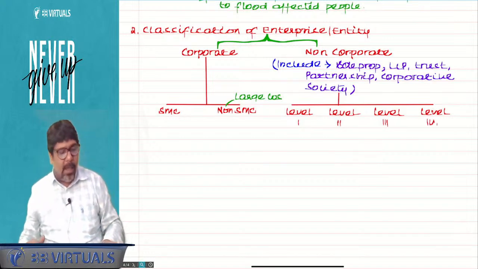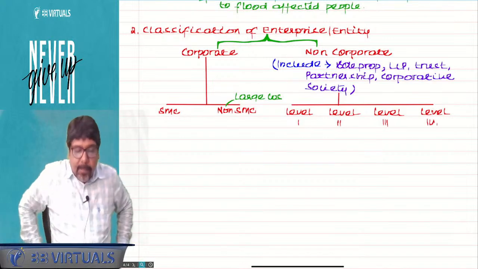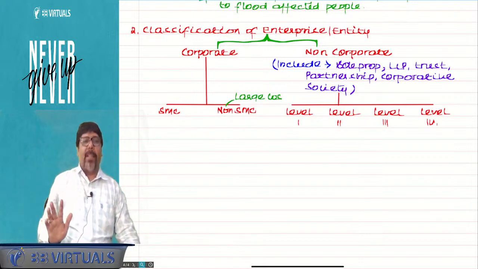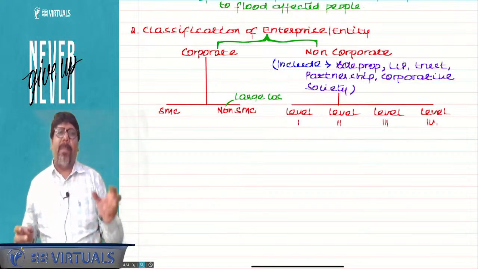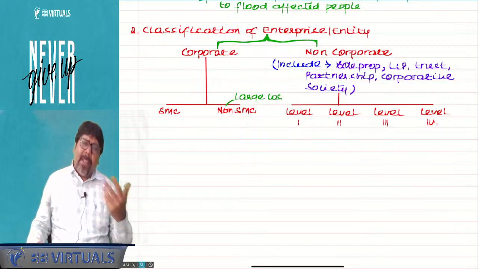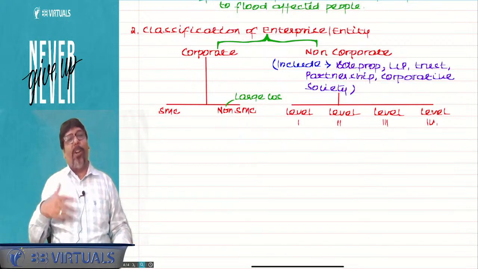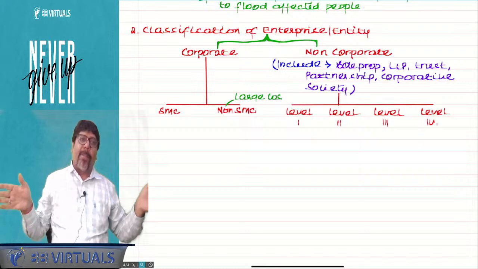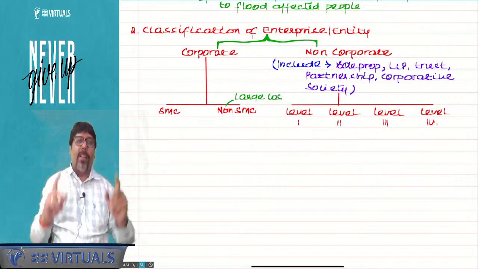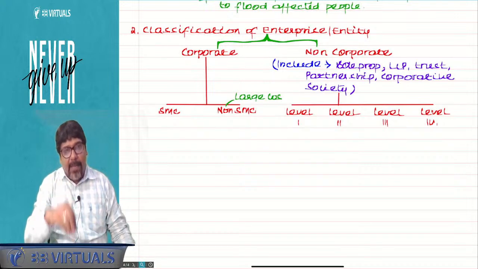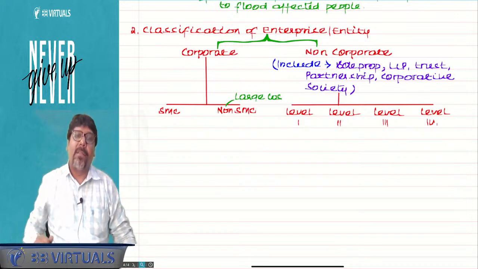Now chartered, sir, if it is applicable on all enterprises, why did you bifurcate between corporate and non-corporate? It is applicable on all corporates. When you said non-corporate, it is applicable if they are involved in business, CIB, commercial, industrial, and business. Then why did you bifurcate it into 4 parts? It is any which way applicable to all. You are absolutely correct. It is applicable to SMC, non-SMC, level 1, level 2, level 3, level 4, all.